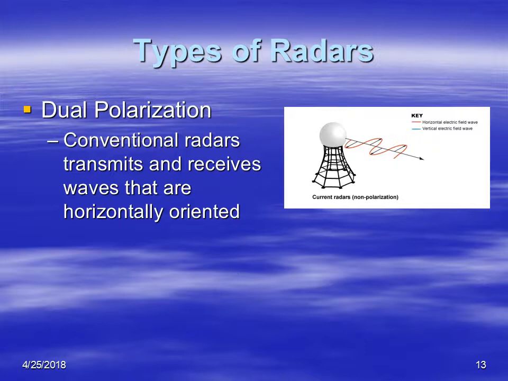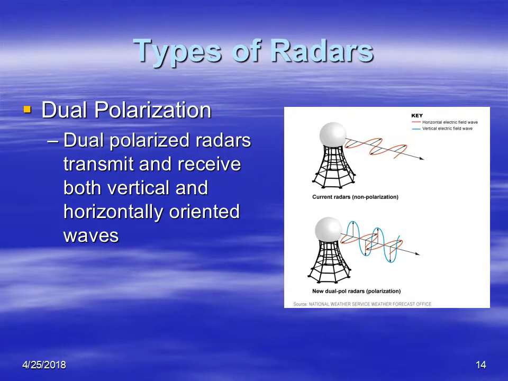And dual polarization means that it can send out a signal that is polarized in both the horizontal and also the vertical planes. So the top picture shows a signal going out that is horizontally polarized, and the bottom picture shows one that is sending out a signal both in the horizontal and also the vertical.